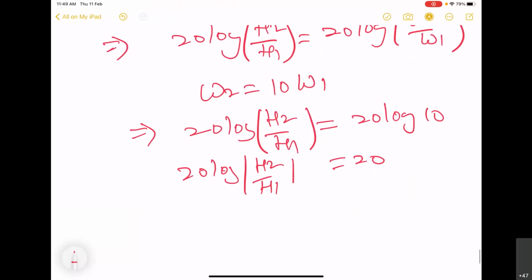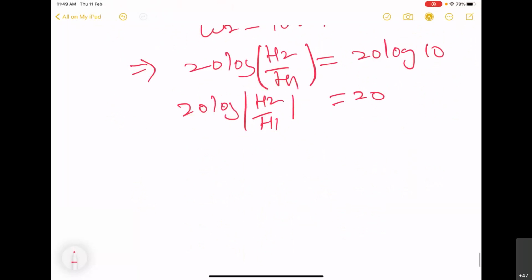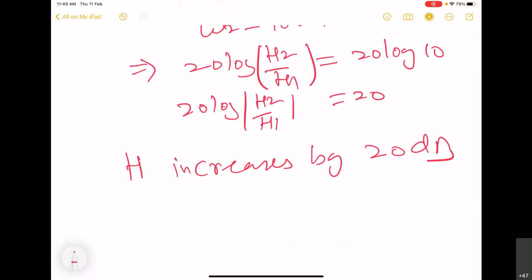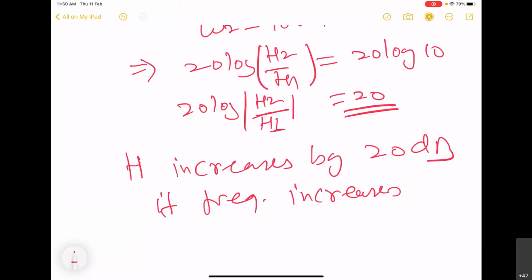Right. So here we see how we specify this slope. We say that h increases by 20 dB. So this is the 20 dB increment in h2 with respect to h1 if the frequency increases 10 times.